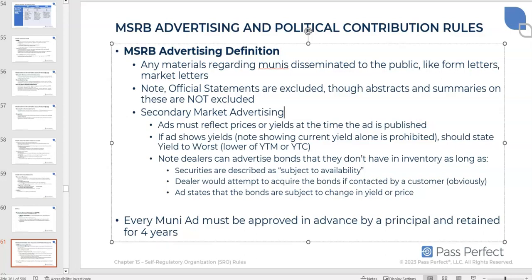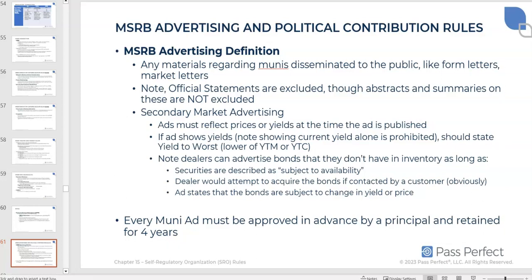Let me write this out for you so you can see a little better. In the case of a discount bond, the nominal yield is lower than the current yield, which is lower than the yield to maturity, which is lower than the yield to call. So if you give a quote to a customer where you tell them the yield, and the bond is callable, you'll have to use the worst case scenario. You'll use yield to maturity because it's lower than the yield to call.